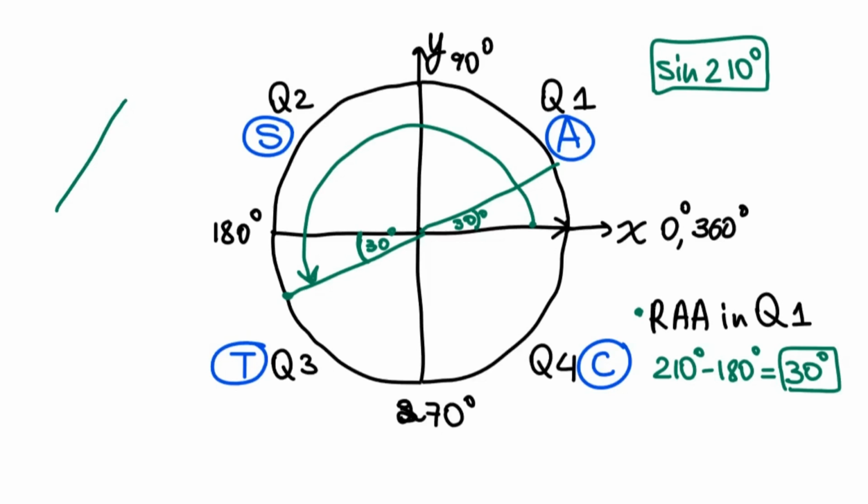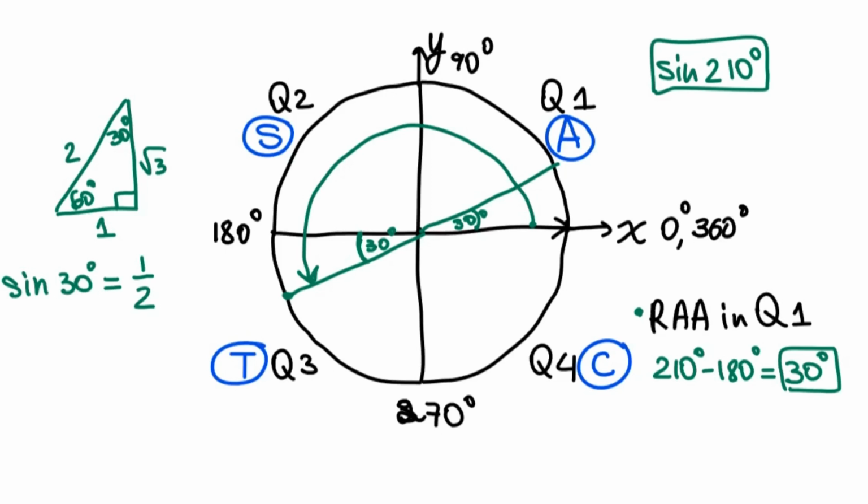So if I take the special triangle of 30, 60, 90, and I have my sides 1, square root of 3, and 2, then I can say that sine ratio of 30 degrees is equal to opposite over hypotenuse, 1 over 2.